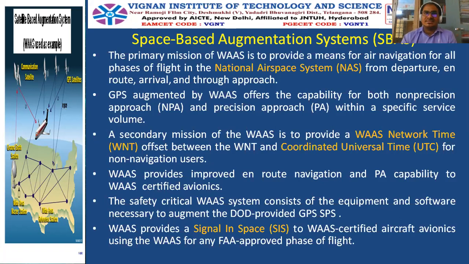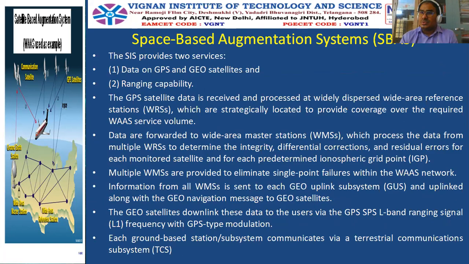So what is SIS? SIS provides two services. One is data on GPS and geosatellites, as we already learned, and also the ranging capability. Then the GPS satellite data is received and processed at widely dispersed wide area reference stations, that is WRS, which are strategically located to provide coverage over the required vast service volume.